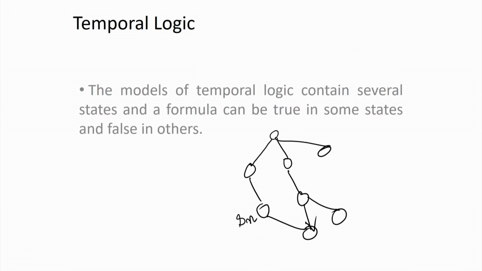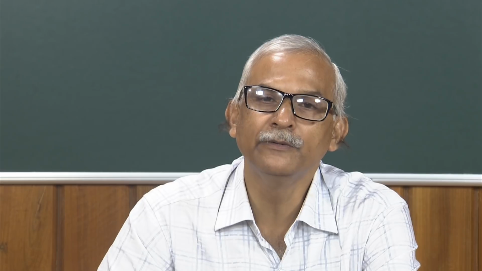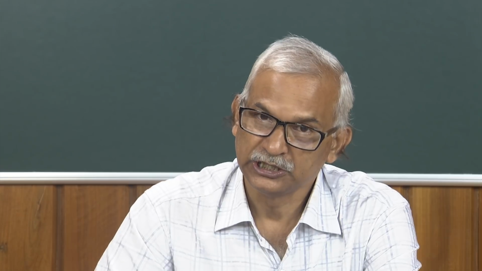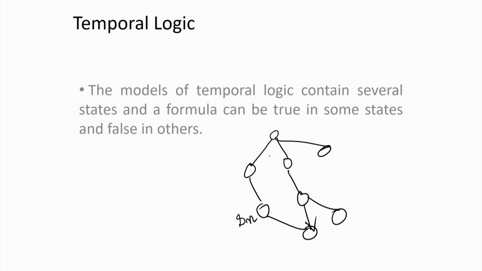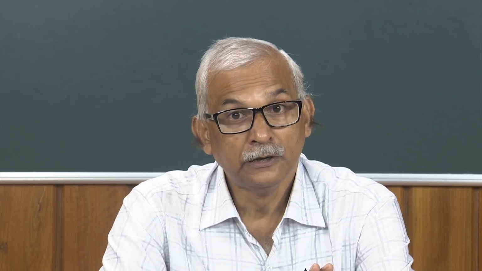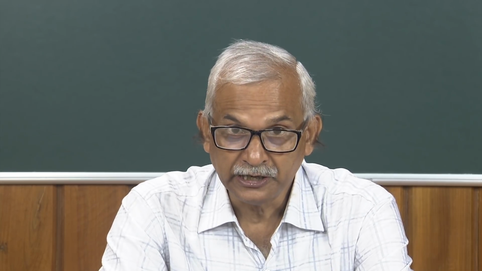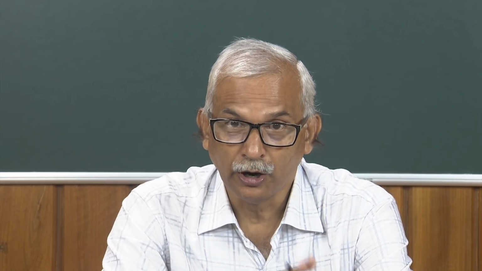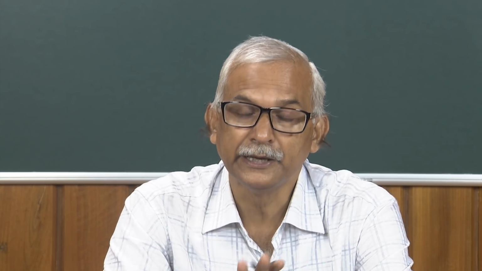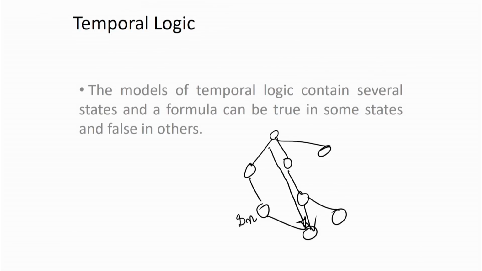If it is a state formula, we cannot say that the given temporal formula is true in this given model, or not true. Similarly, if it is a path formula, we are going to say whether the formula is true in a particular path or not. Okay. So, the notion of the truth values of a temporal logic formula is defined on a state if it is a state formula, or it is defined on a path if it is a path formula.